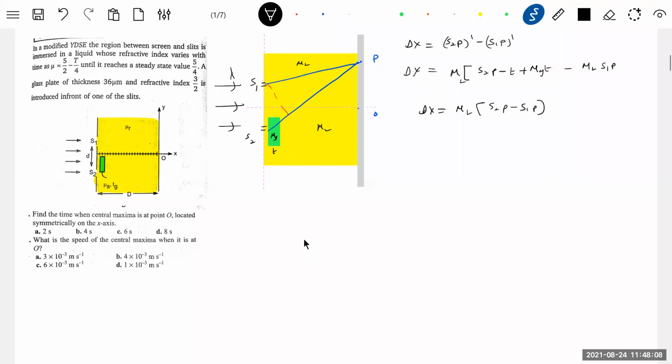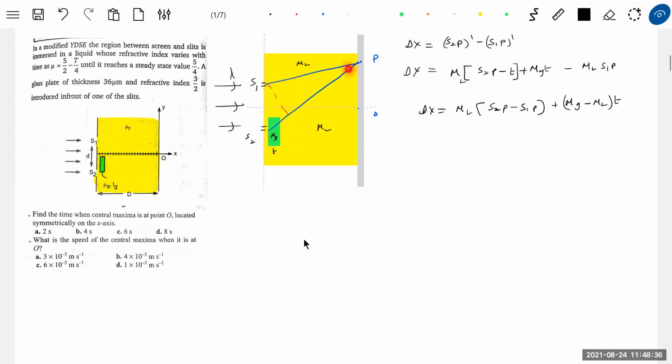Mu L S2P plus this one, then mu G minus mu L into t. So overall, this is the equation for the path difference of the rays arriving there.